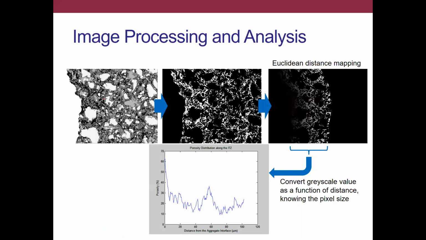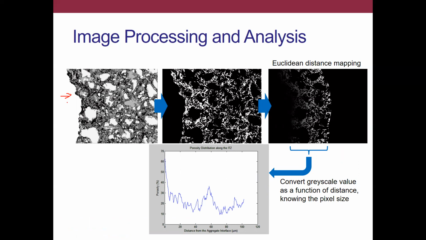So once we have that, we need to now establish the ITZ. And what you should notice is without the aggregate shown, we can notice that interface is not uniform, is not smooth. That there is a two-dimensional tortuosity to it. So the method that I used based on the literature was to do a 2D Euclidean distance map.